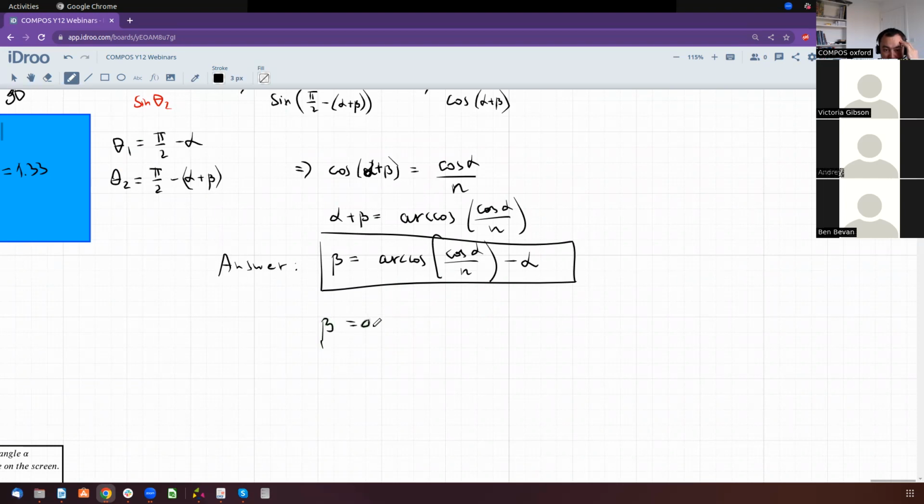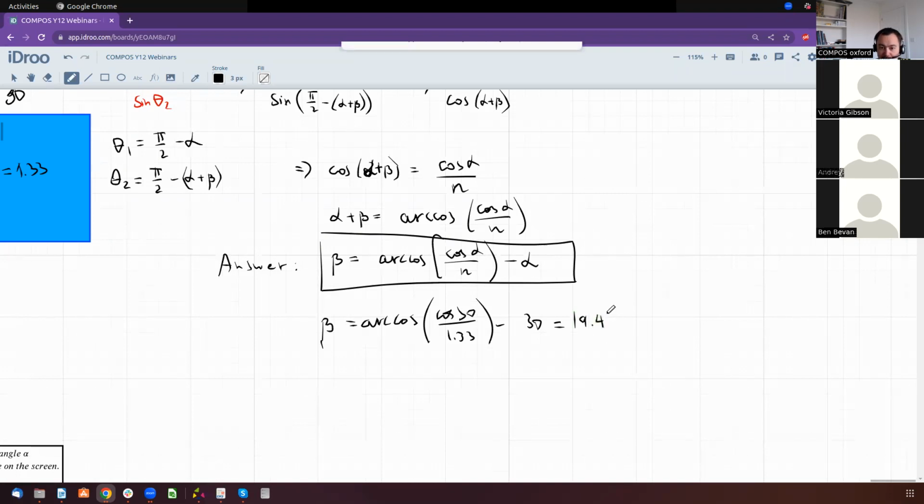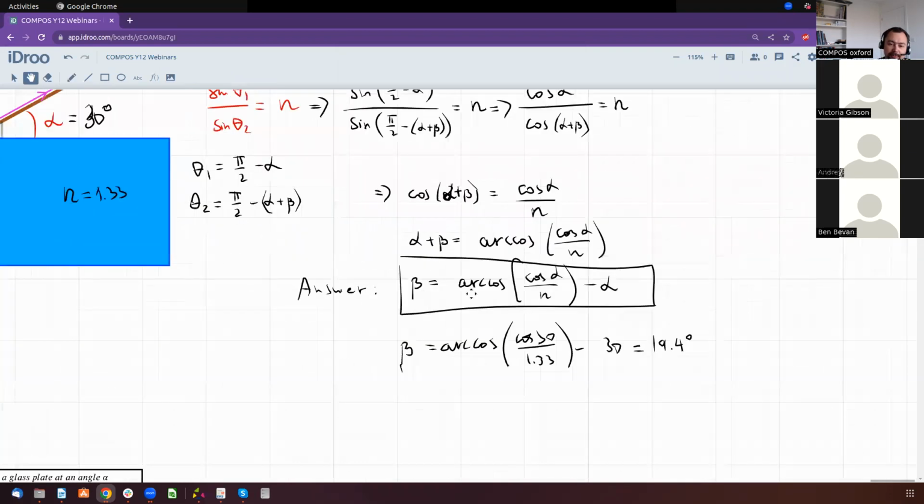Beta is going to be arc cos of cos 30 divided by 1.33, minus 30. That's 19.4 degrees, which seems very reasonable.